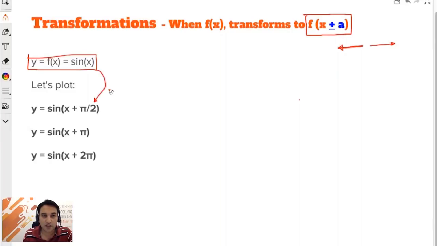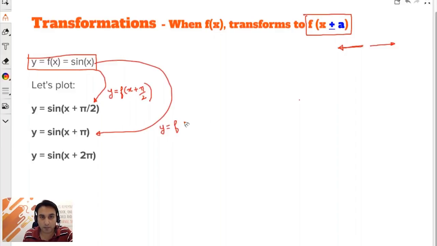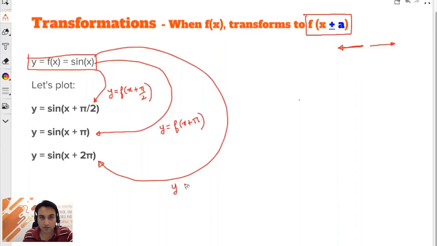This is y is equal to f of x plus pi by 2. This is the graph of y is equal to f of x plus pi, and this is the graph of y is equal to f of x plus 2 pi.